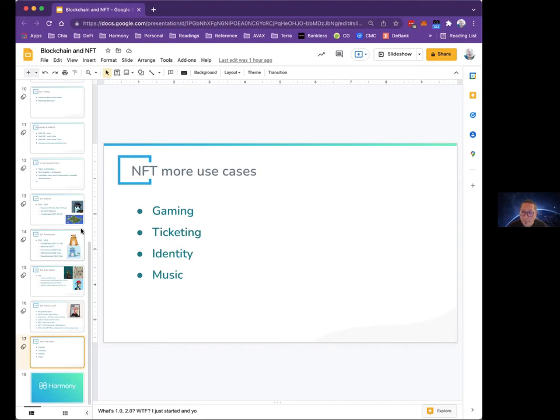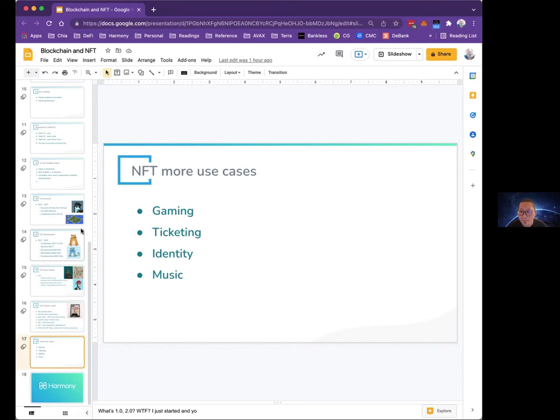So what if you could use your game item from one game in a different game? And the items would be owned by you, which means even though the game may stop, you still own those items and may still be able to use them in another game.